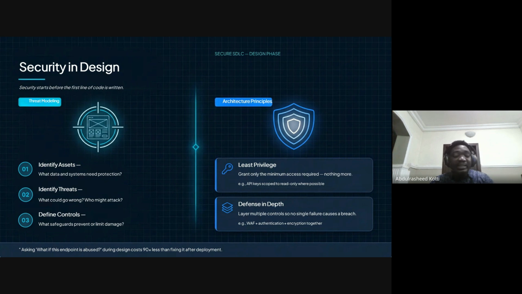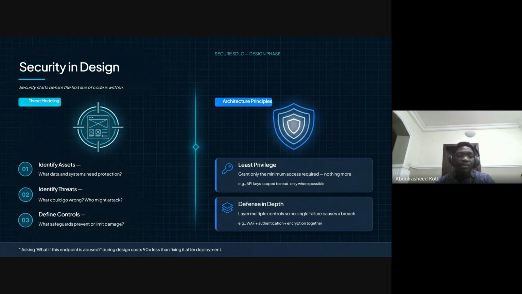And the instances here can be data leaks or unauthorized use. Now, the next thing that we ask is how do we prevent it? And all of this is a process called threat modeling.